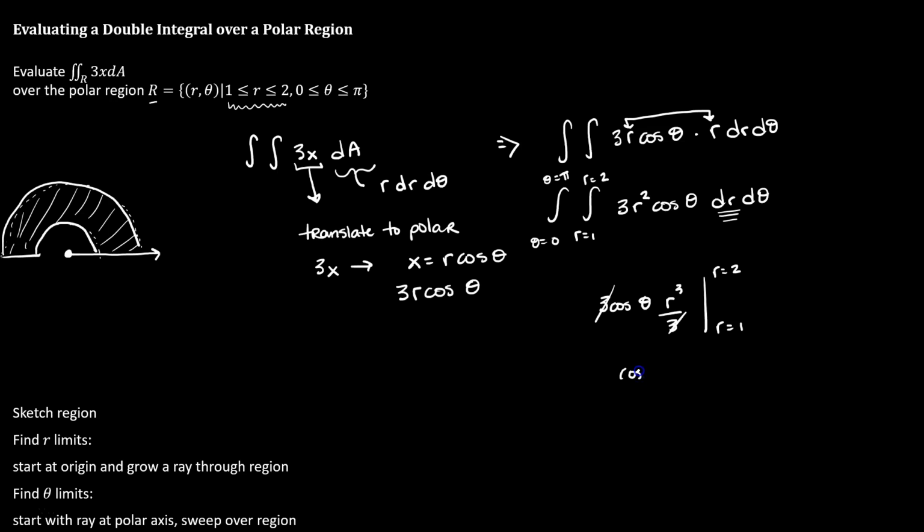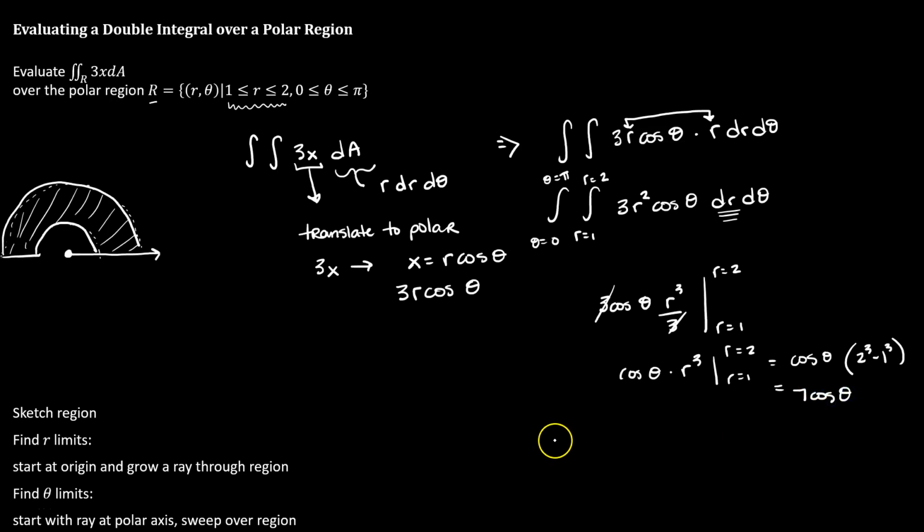So we're really looking at cosine theta times r cubed, where r gets to go from 1 to 2. That's going to look like cosine theta times 2 cubed minus 1 cubed, or 2 cubed is 8 minus 1 cubed, that becomes 7, so we get 7 cosine theta.